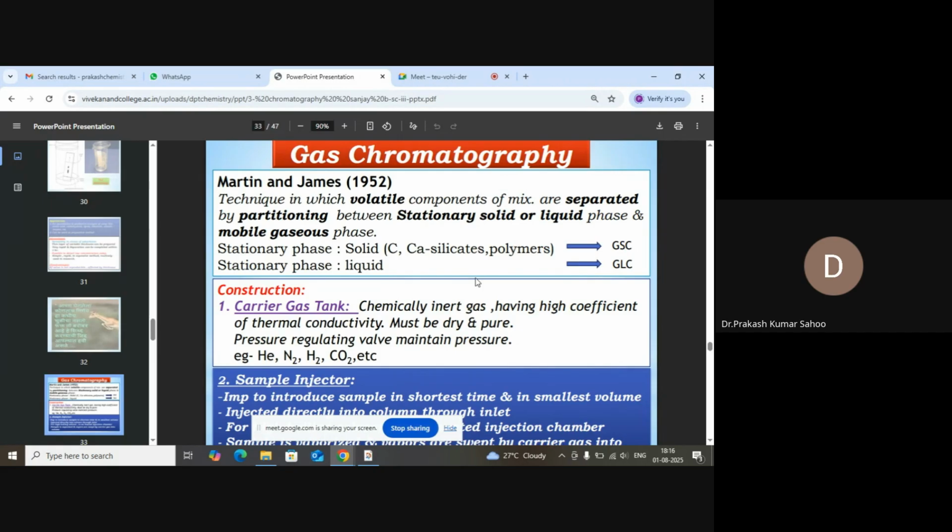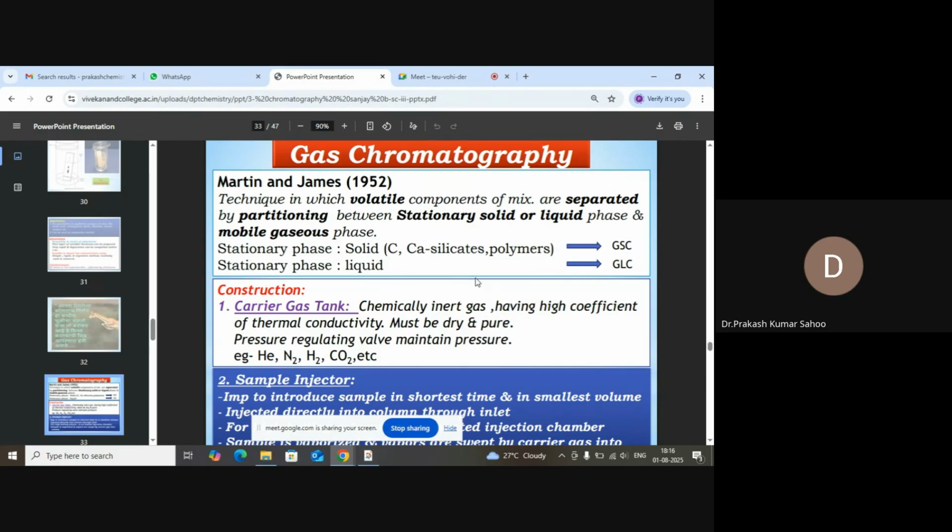And in GLC, gas liquid chromatography, generally the liquid may be water or any suitable solvent, it is used as the mobile phase. Sorry, it is used as the stationary phase in GLC, gas liquid chromatography.